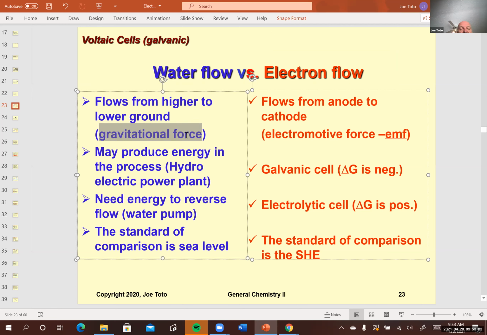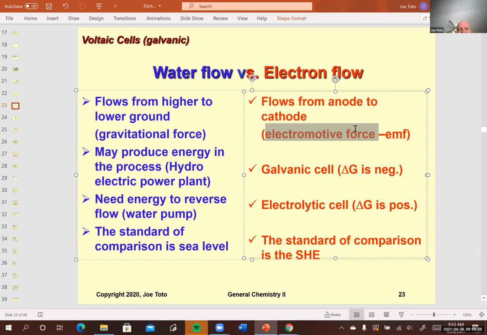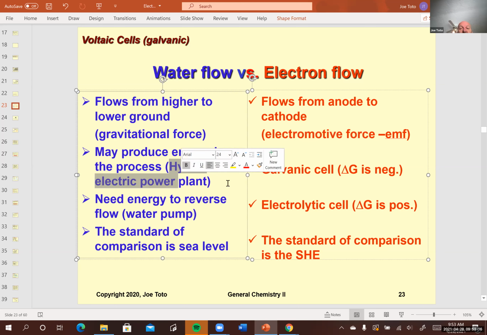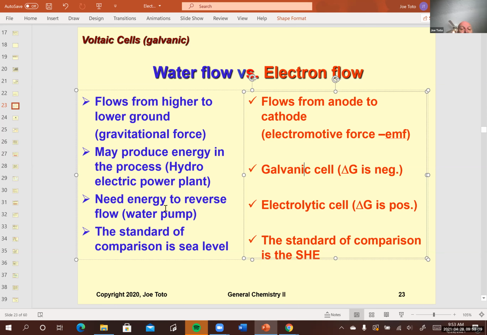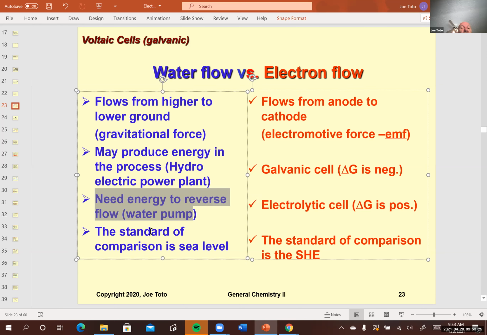We call this the gravitational force. Sometimes this is referred to as the electromotive force. We can tap into this natural flow of water from higher to lower ground and make energy from it, just like we can make batteries. Now, if we need to pump water out of our basement, even though that's a non-spontaneous process, we can do that by putting in a power supply of energy strength that is greater than what we could have extracted from the natural process.